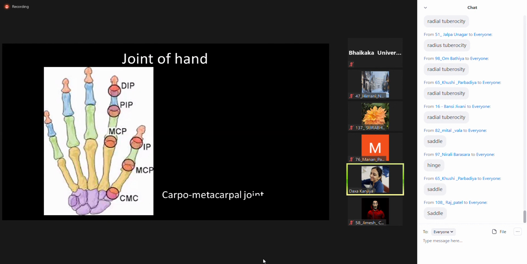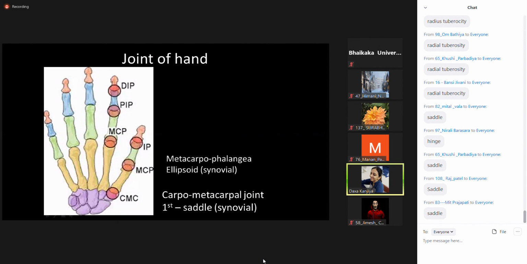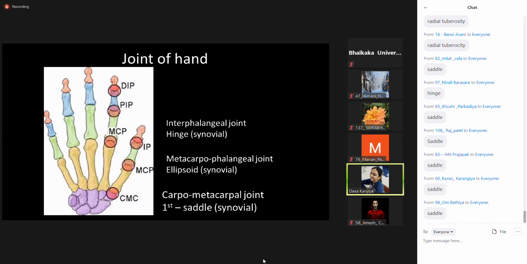It's a saddle variety of synovial joint, right? And the joints between the metacarpals and the phalanges are the metacarpophalangeal joints, of the ellipsoid variety of synovial joint. The proximal and distal interphalangeal joints are of the hinge variety of synovial joint.